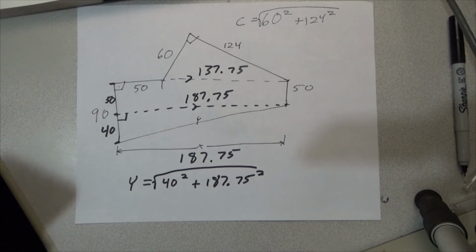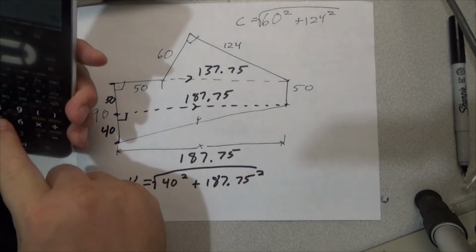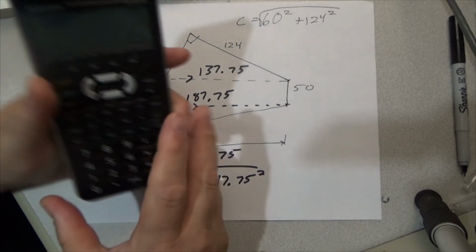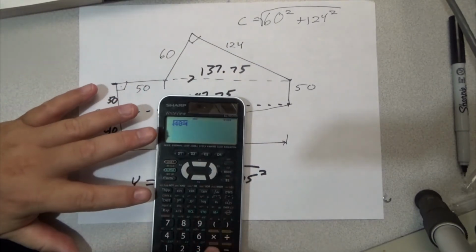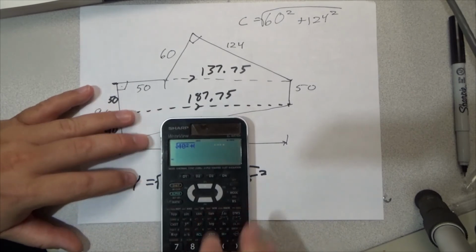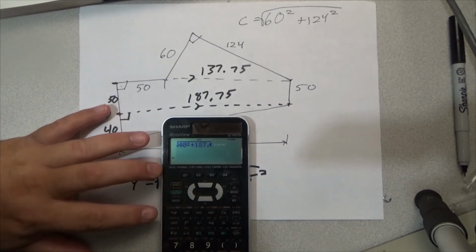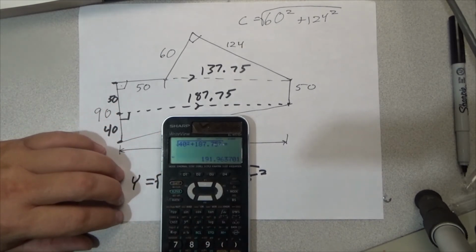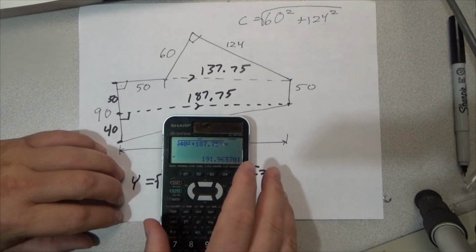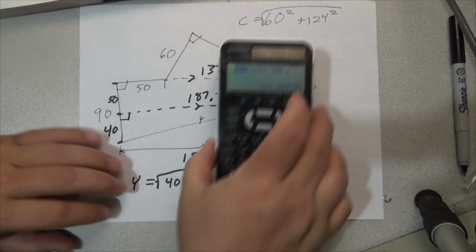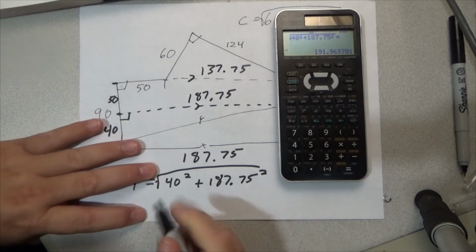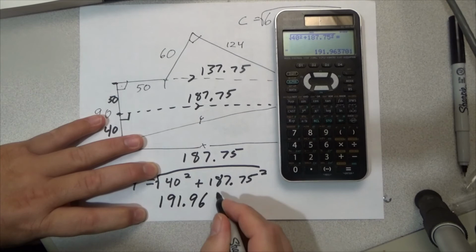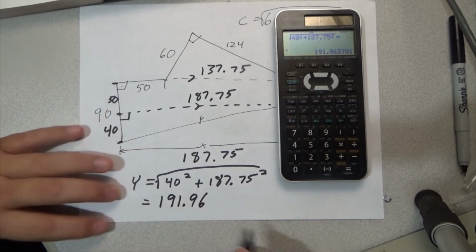So the square root of 40 squared plus 187.75 squared is equal to 191.96. So that's what y is equal to.